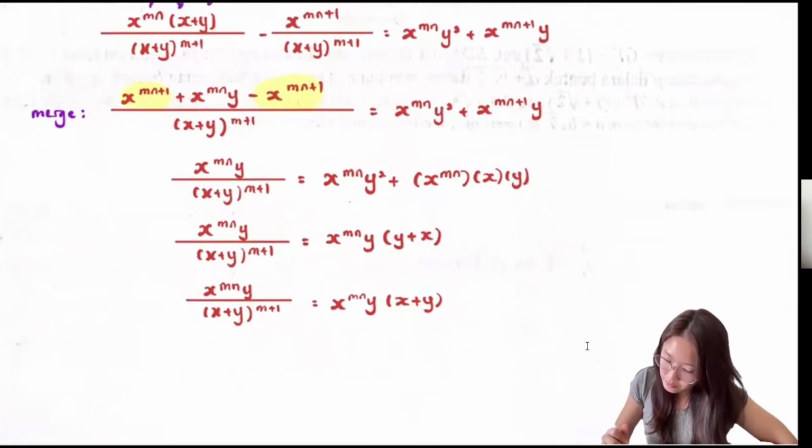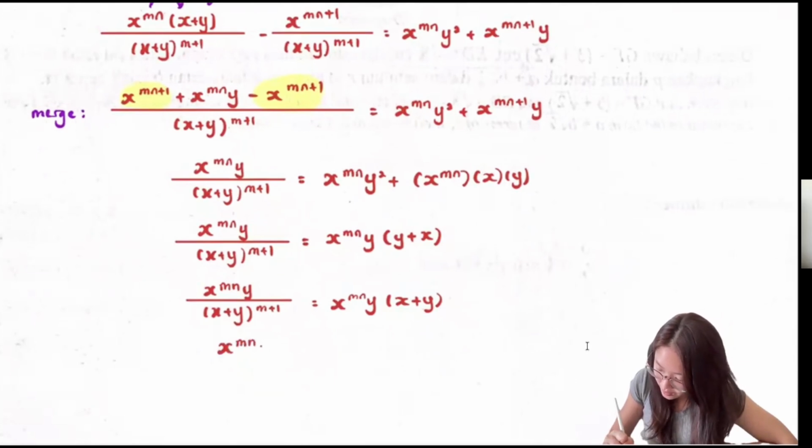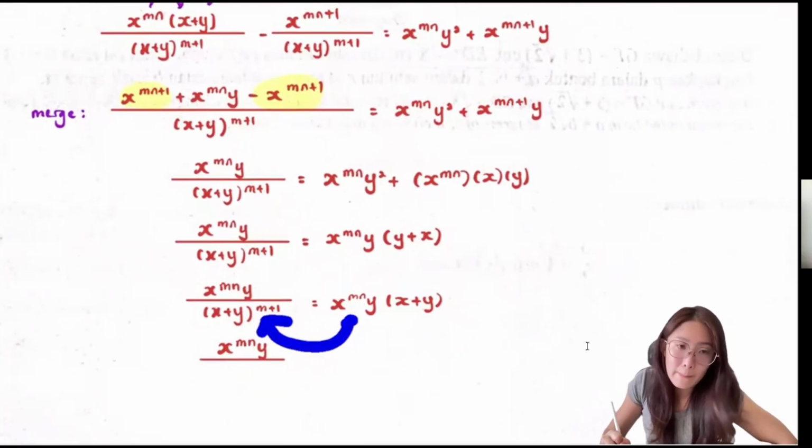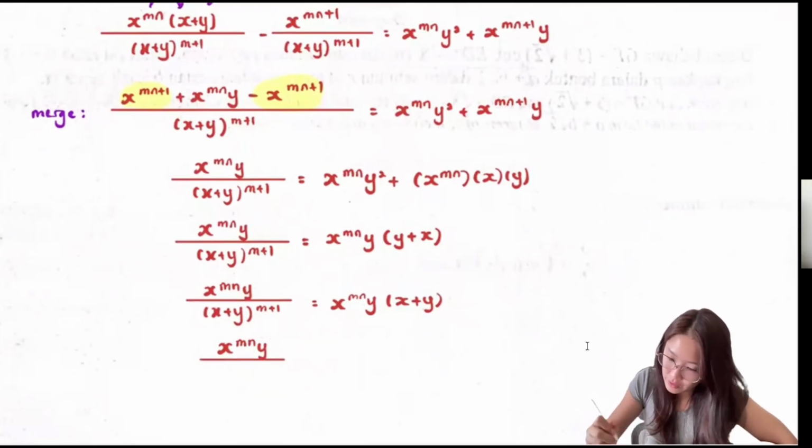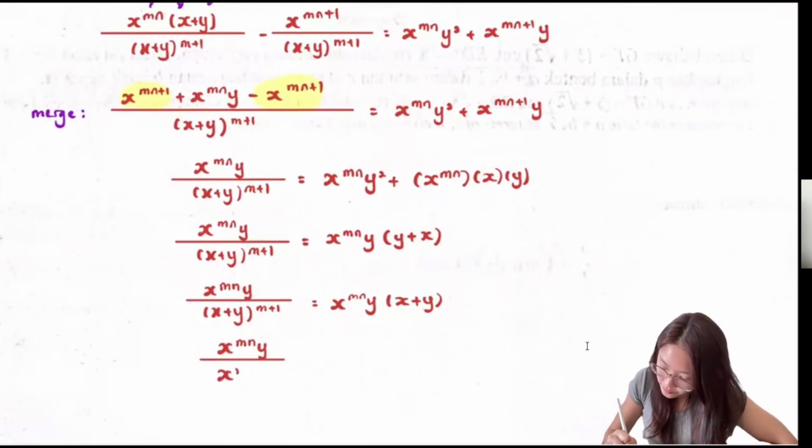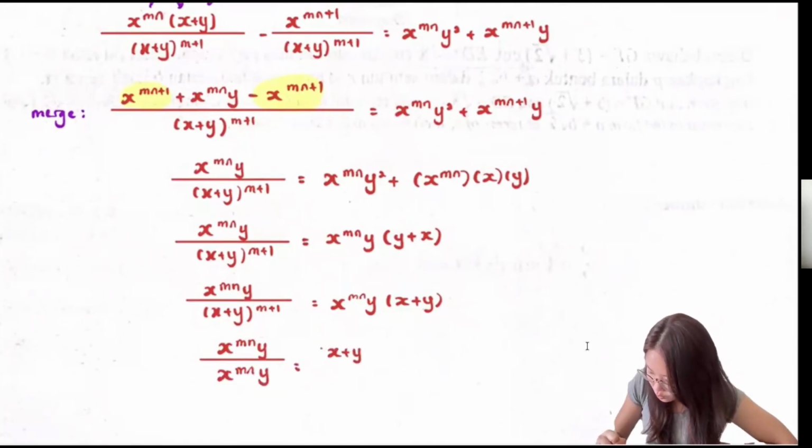So what I'll do here, this one x power m and y, this one move in, so you divide the same thing. And then here, x plus y is power 1, divide by x plus y power m plus 1.